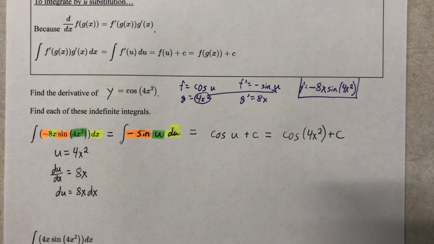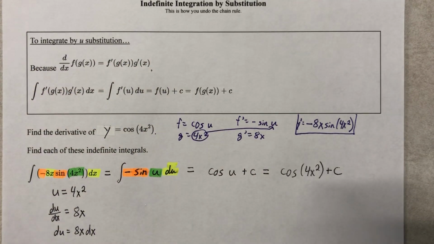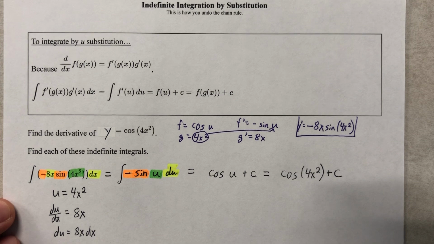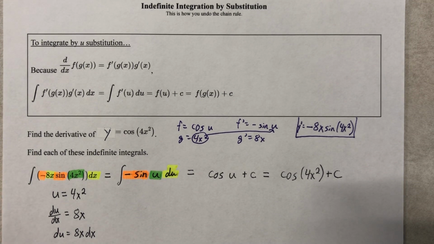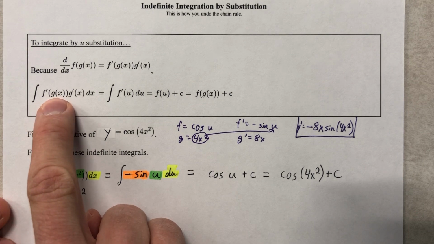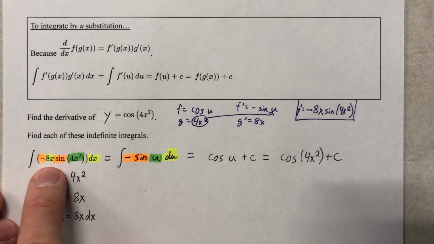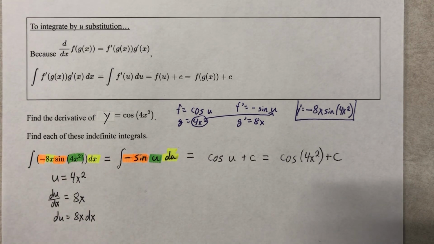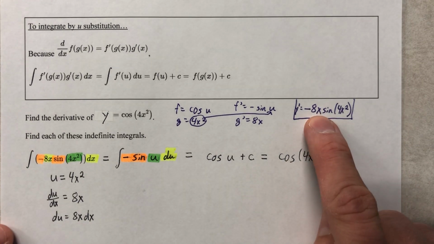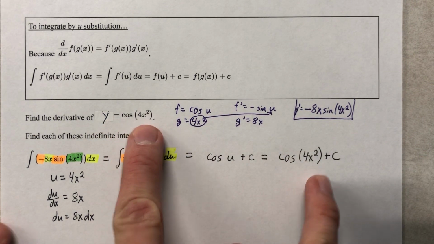Okay, that's your first example. They're going to get a little bit crazier. If you're worried about all the stuff in the box and what does it all mean, do not panic. Big idea is this. The inner function, the derivative of the inner function, that g prime, would go away in the process. Just like that 8x vanishes and it works its way out. So 8x going backwards, give me that. There you go. See? Same thing, not a coincidence.